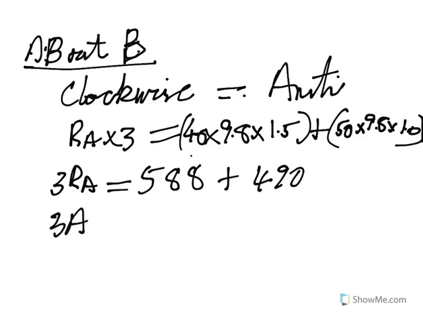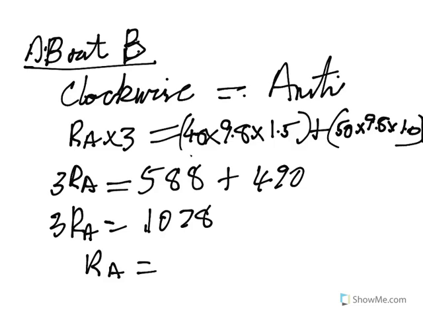When we add those up, 588 plus 490 is 1078, divide that by 3, and the reaction at A is 359.3 Newton. All right, so that's the reaction at A.